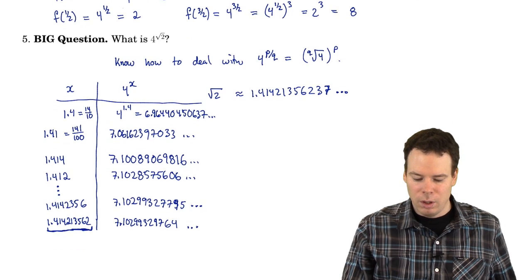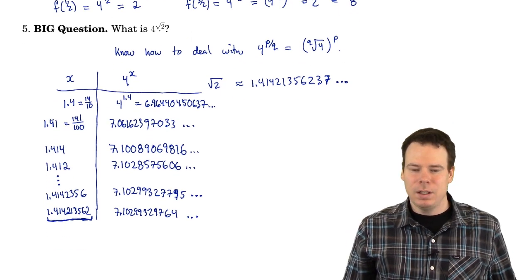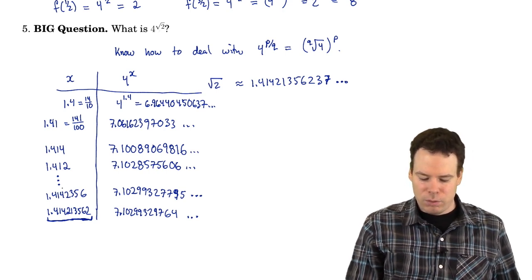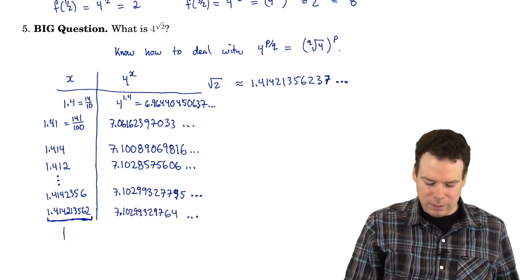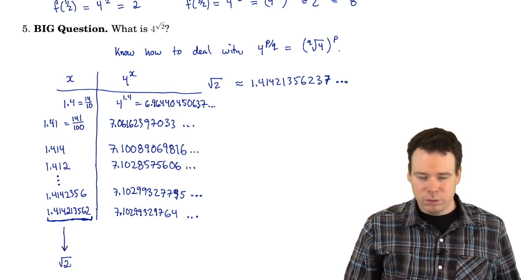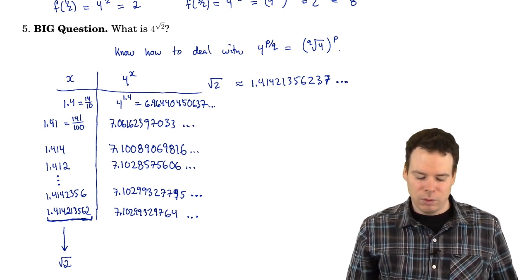But we want to know what 4 to the square root of 2 means exactly. What does it mean exactly? Well, we get at it through this sort of table. This says that if I keep going, I can take this sequence of numbers as close to square root of 2 as I like. I keep taking more and more decimal places, and I can get as close to square root of 2 as I like.